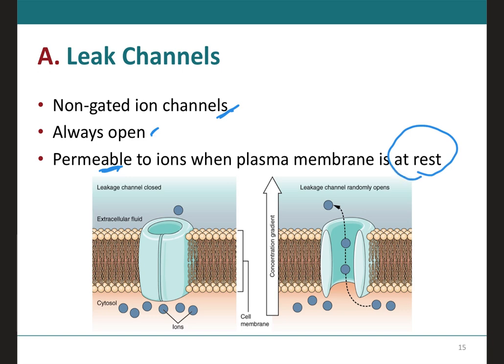Each ion channel is specific for one type of ion, although the specificity is not absolute, so they do allow other types of ions to go in.